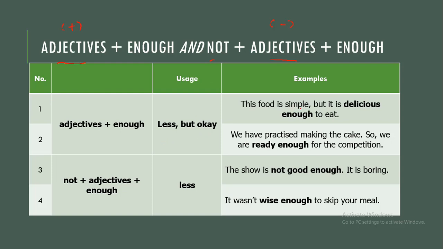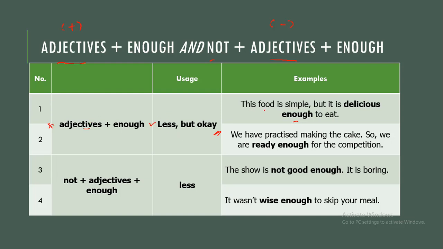This food is simple, but it is delicious enough to eat. The food is simple, but that's okay. We can take it, we can eat it. So that's how we say this food is simple, but it is delicious enough. Remember, when enough appears with the adjective, it is not before the adjective, but after the adjective.